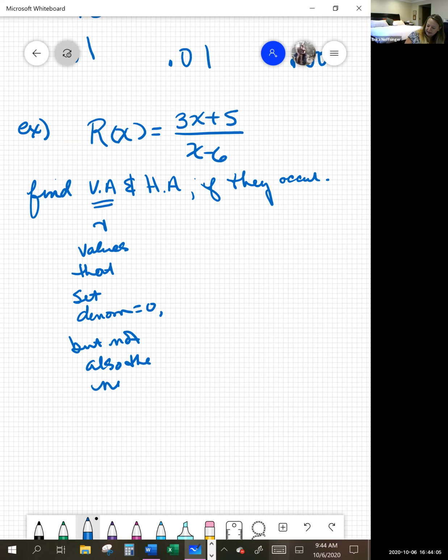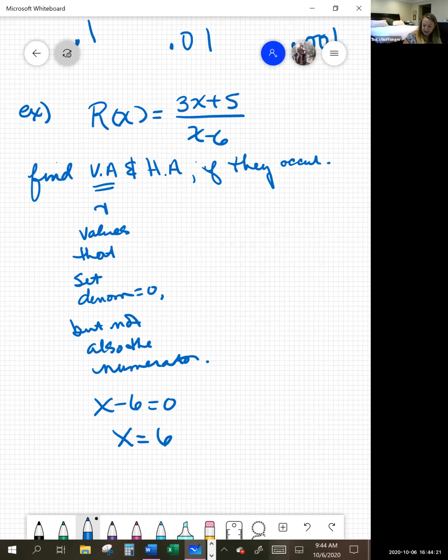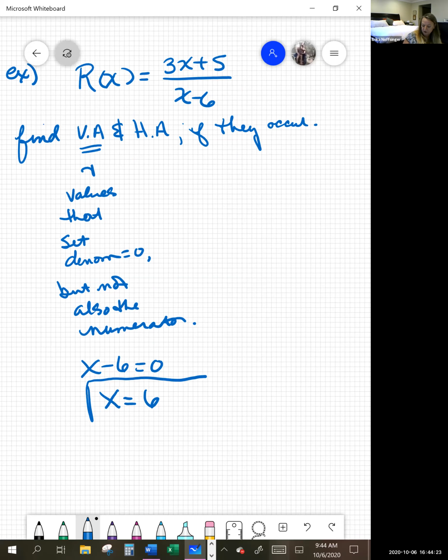Well, I can see that they're not being set equal at the same value. So x minus 6 is equal to 0 when x is equal to 6. If I plug 6 into the numerator, that is not going to give me 0. And so x equals 6, this is our vertical asymptote.